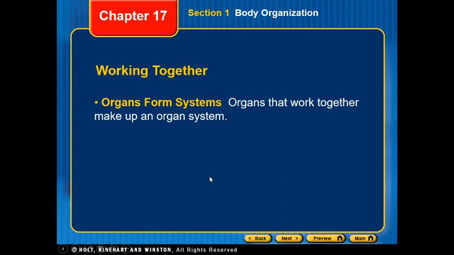Now, organs form systems. Organs that work together make up an organ system. Can you give me an example of an organ system? One example is your digestive system, your circulatory system, your respiratory system, your integumentary system. These are the different kinds of systems in our body, and they work together.